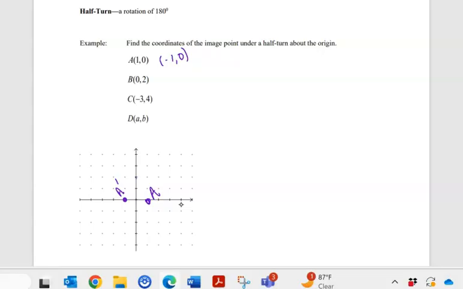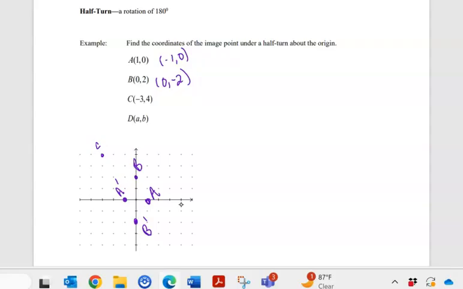B is at 0, 2. If I rotated this 180 degrees, either direction, it would be right here. This would be B prime, which is 0, -2. C is -1, 2, 3, up 1, 2, 3, 4. That's C at -3, 4.